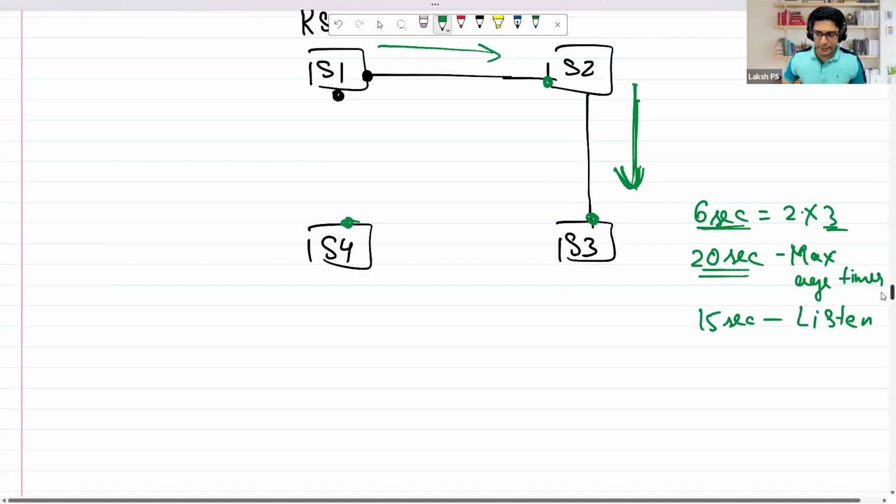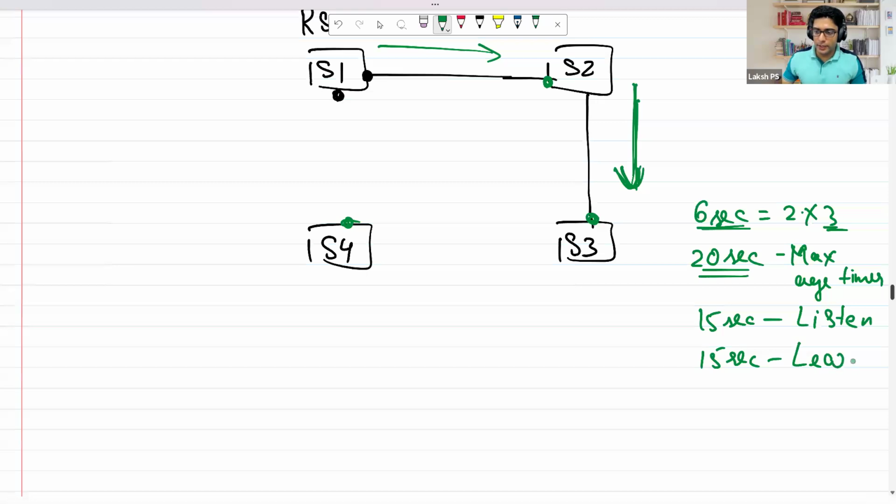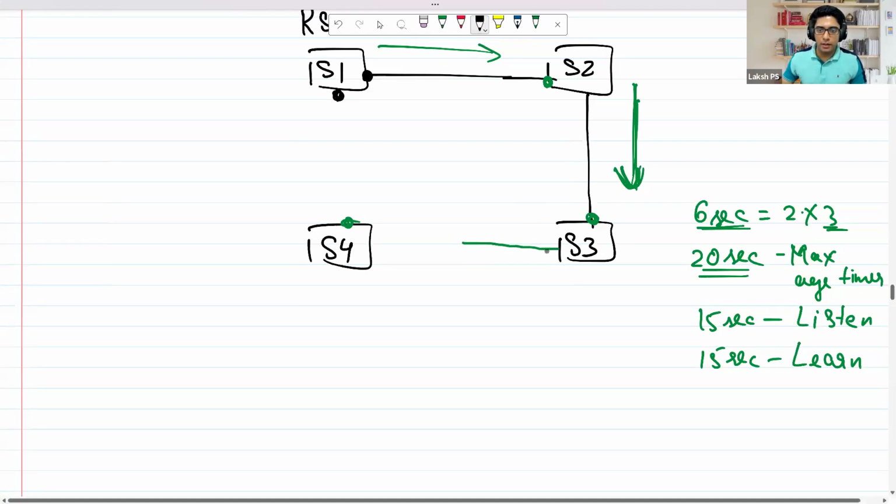So it's okay in the listening state. Then after this 15 seconds has crossed, it goes into the learning state. Then after this learning state is over, it opens up its interface and connects it with switch number 4.